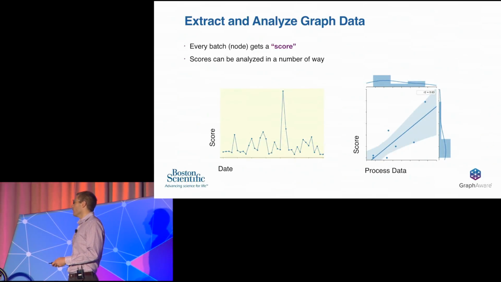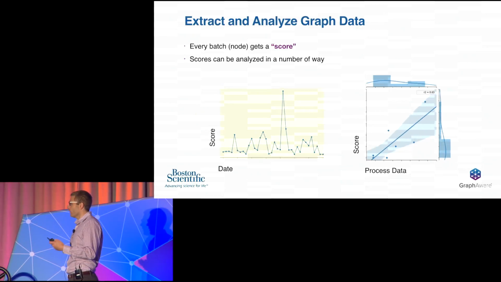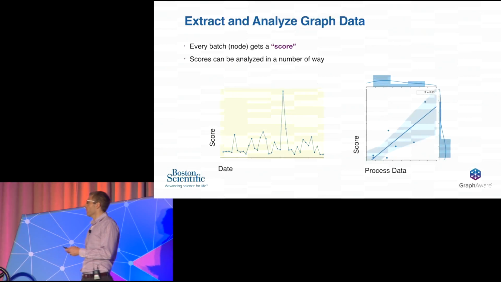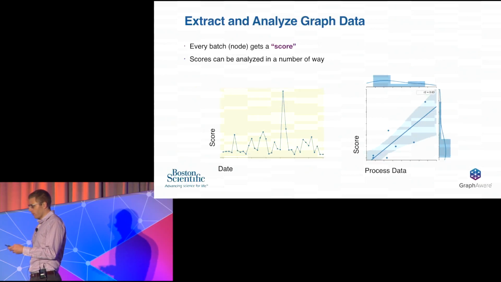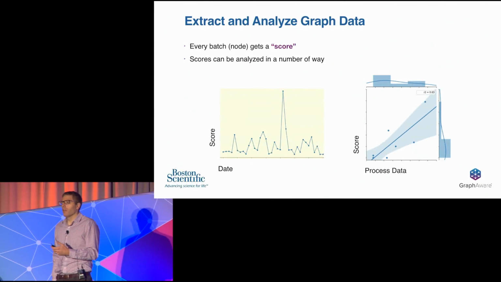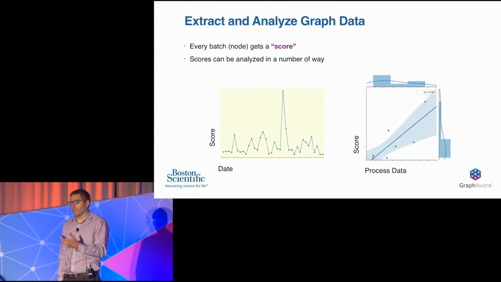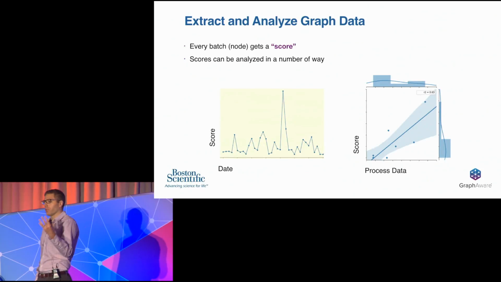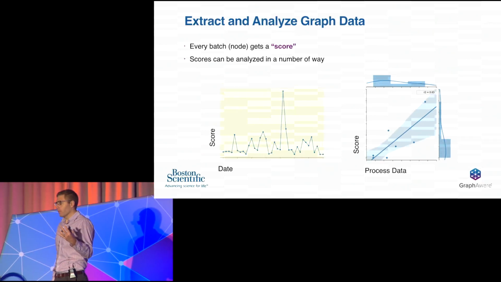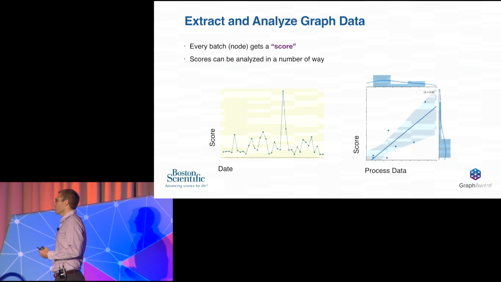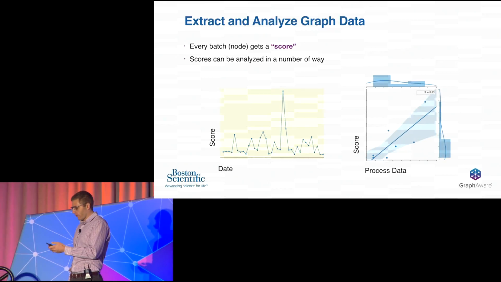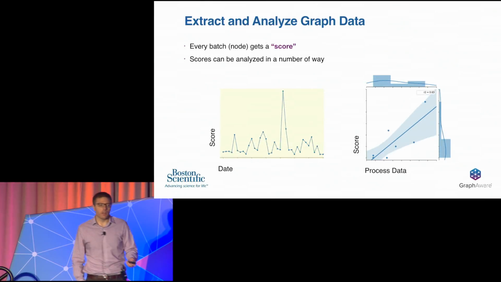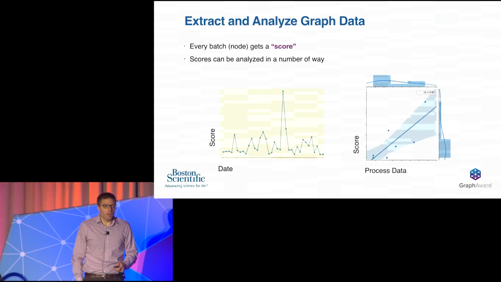Or we can start to integrate that with other process data and start to do some regression or other type of more traditional analysis from that. So the message there is that we're using Neo4j not really as just a data store, but as a place to analyze data, store those new characteristics of the data back in the graph, and then extract that for traditional analysis.